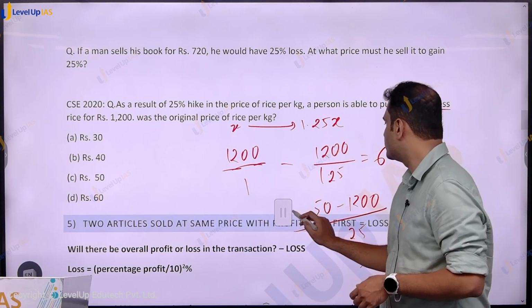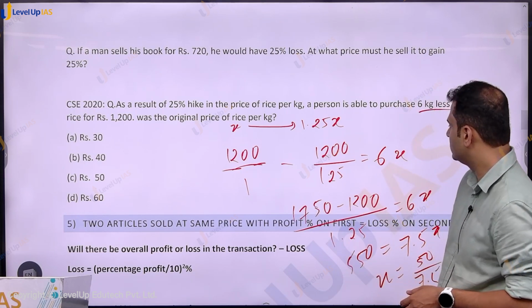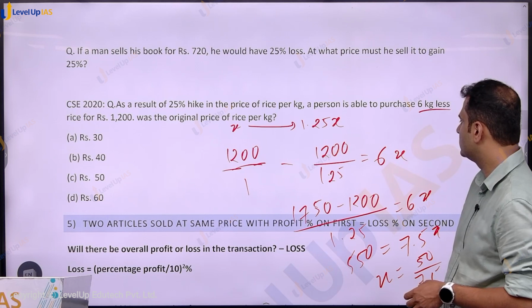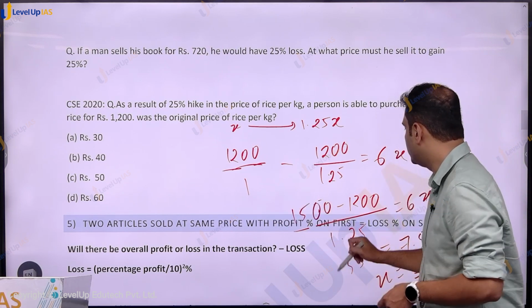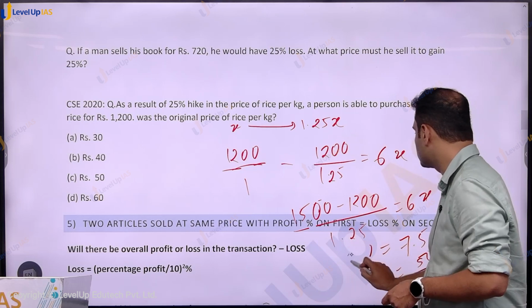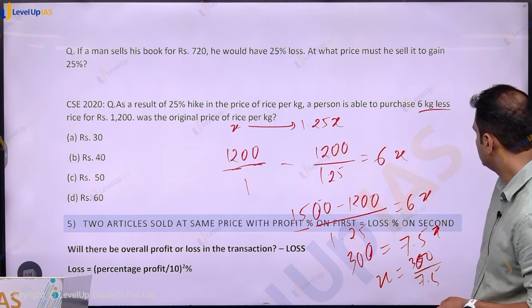Yeah, I have made a mistake here. This is 1750, so it is 550 in fact. No, this is 1500. No? This is 1500. So it is 1500 minus 1200. So this is 300. So this is actually 300 divided by 7.5.